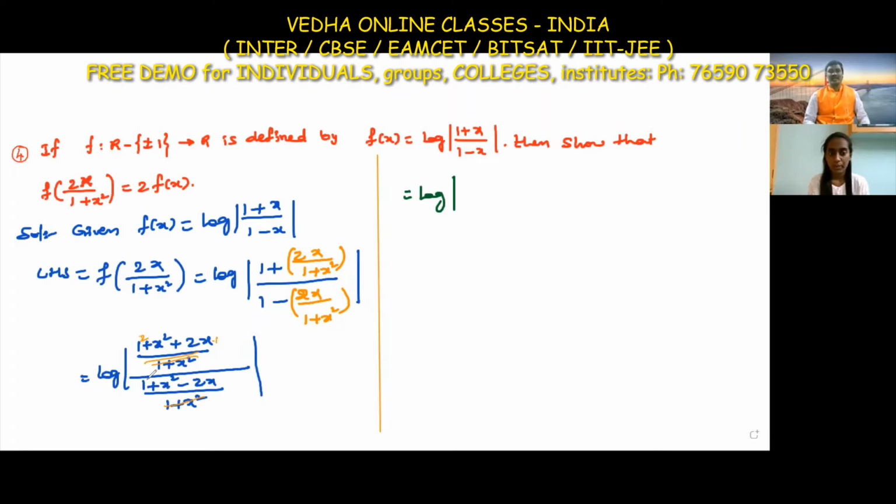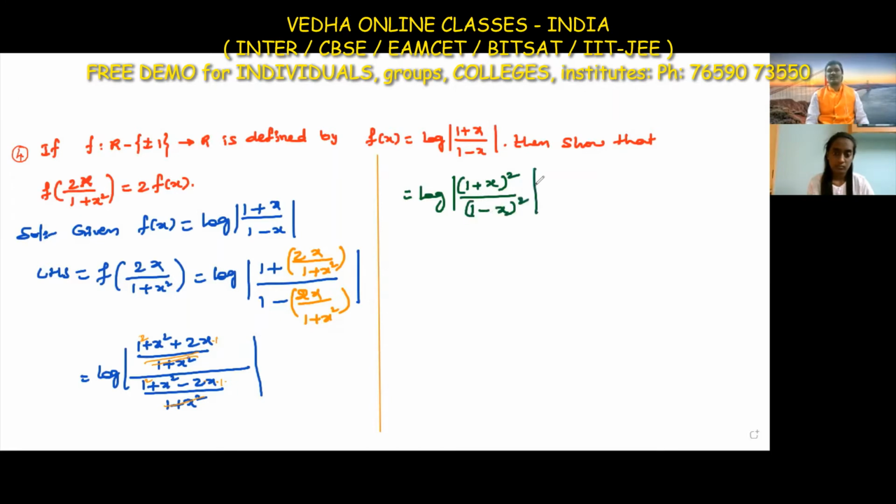Here also 1 is written as 1 square and 2 into 1 into x, in the form a square plus b square minus 2ab. So we can apply the a plus b whole square and a minus b whole square formulas. That gives 1 plus x whole square divided by 1 minus x whole square.